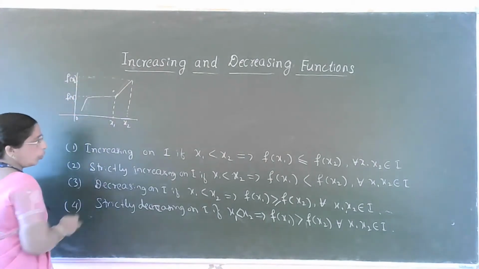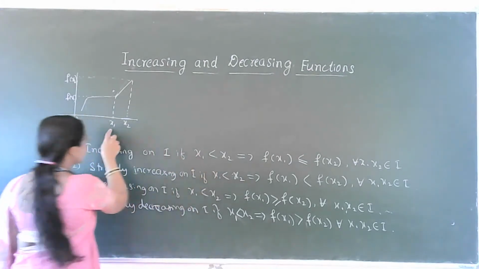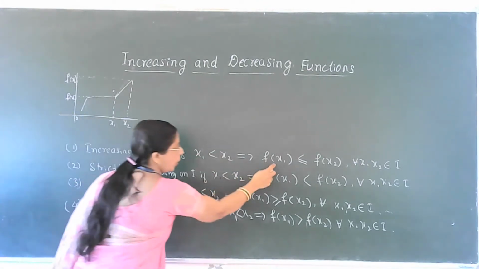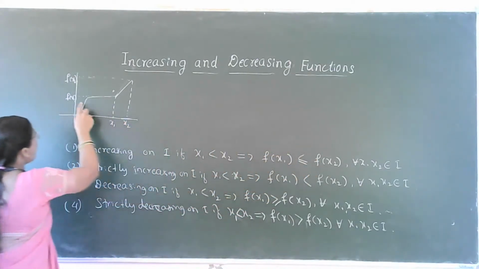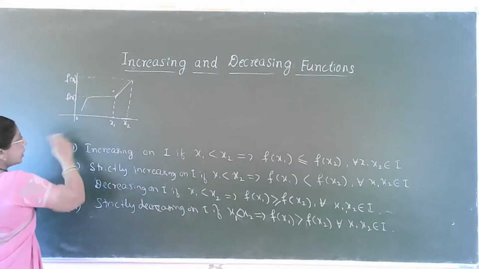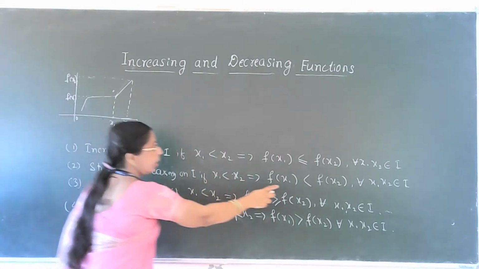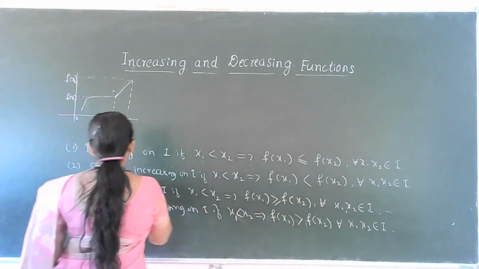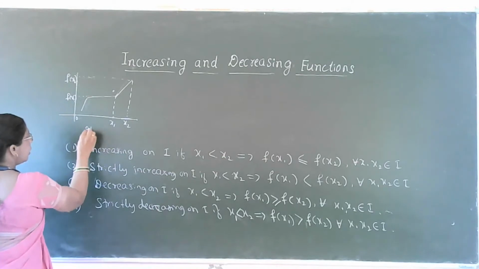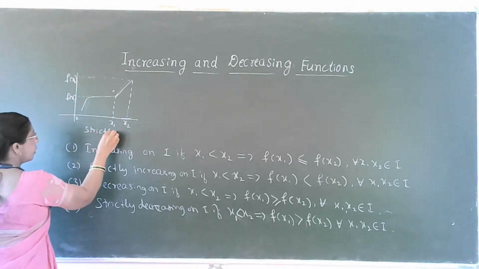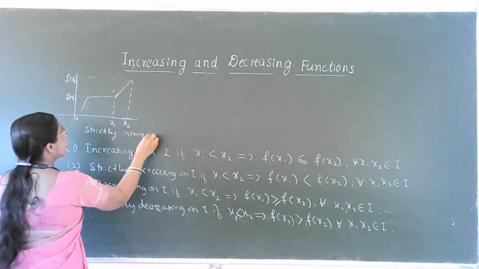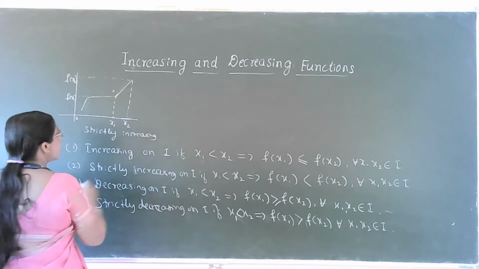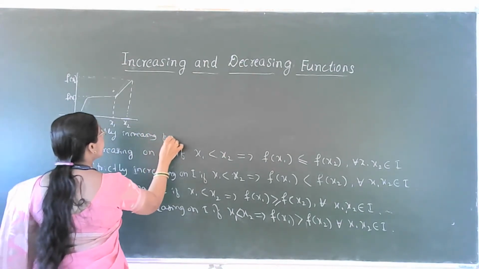Since x1 is less than x2, f of x1 is less than f of x2. Therefore, it's a strictly increasing function.